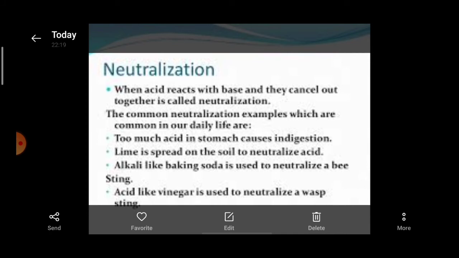Hope you understood what neutralization is. When an acid reacts with a base and they cancel each other out, it is called neutralization. The common neutralization examples in our daily life are: too much acid in the stomach causes indigestion, lime is spread on the soil to neutralize the acids, an alkali like baking soda is used to neutralize bee stings, and acids like vinegar are used to neutralize wasp stings.